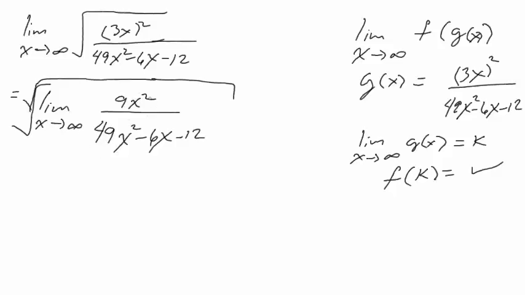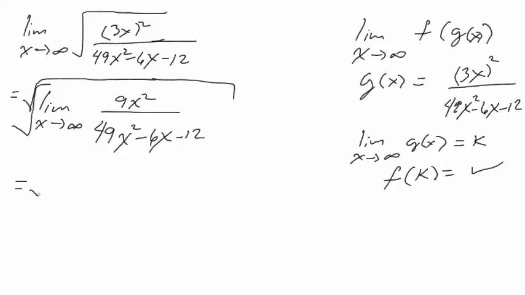Well, you notice the numerator has an x squared leading term, and the bottom has leading term 49x squared. Well, guess what? The powers are both the same. Remember what I told you in an earlier problem: if the powers are both the same, then all we have to do is look at their coefficients. And so what do we end up with?